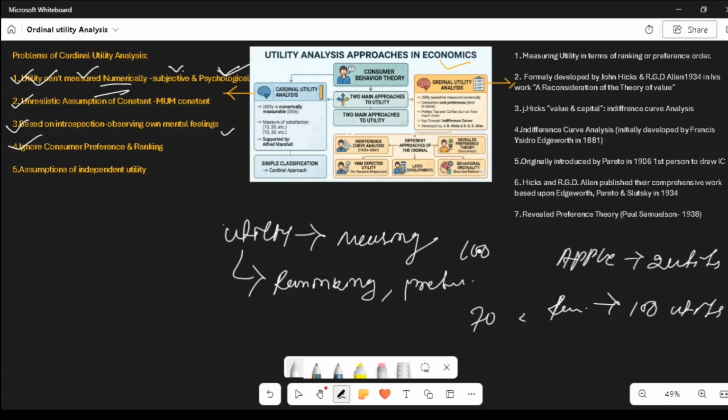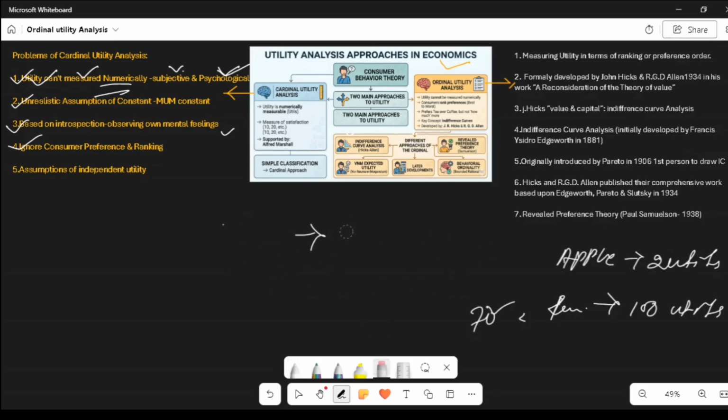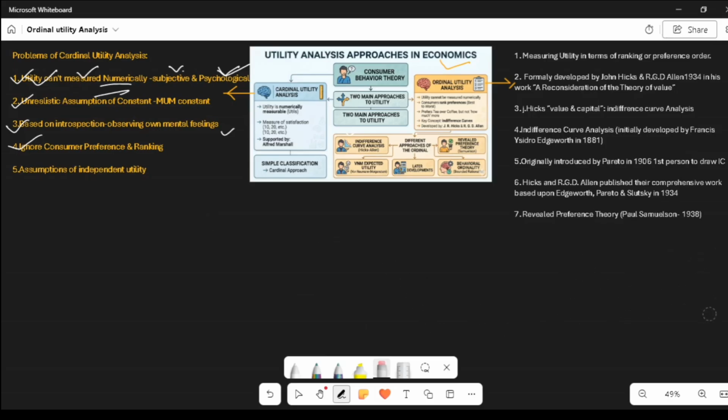Raju may prefer apple more than the rasgulla. So here we are not discussing the ranking and preference. Basically we are talking about the utils derived from consuming the goods and services. So cardinal utility analysis ignores consumer preference and ranking.